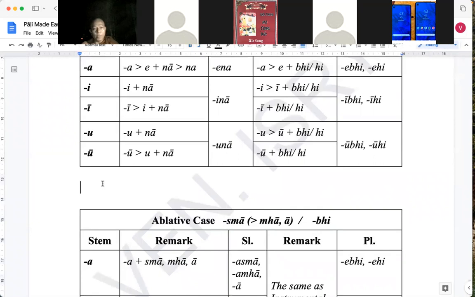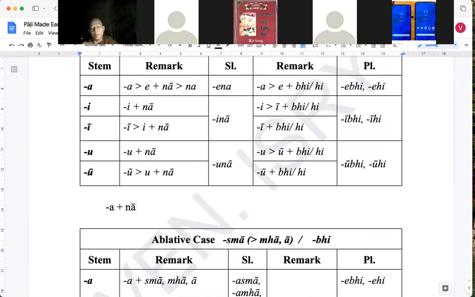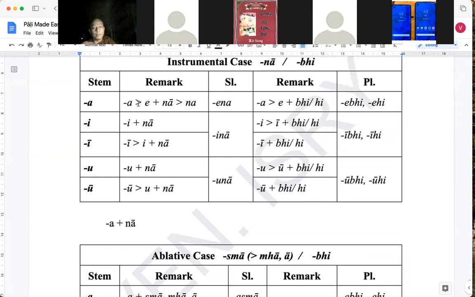At that time we have the a and the na, but a change happens: the long a is changed to a short a in the na. So the final form we have is a na.